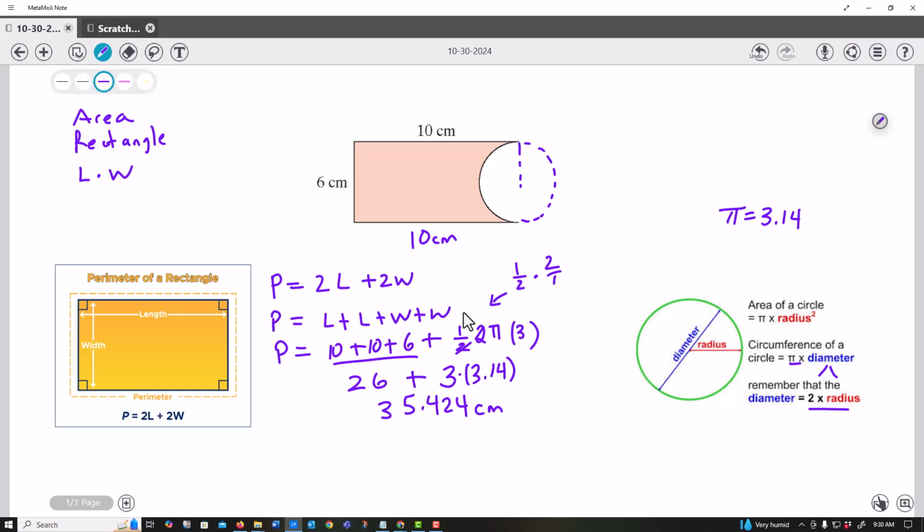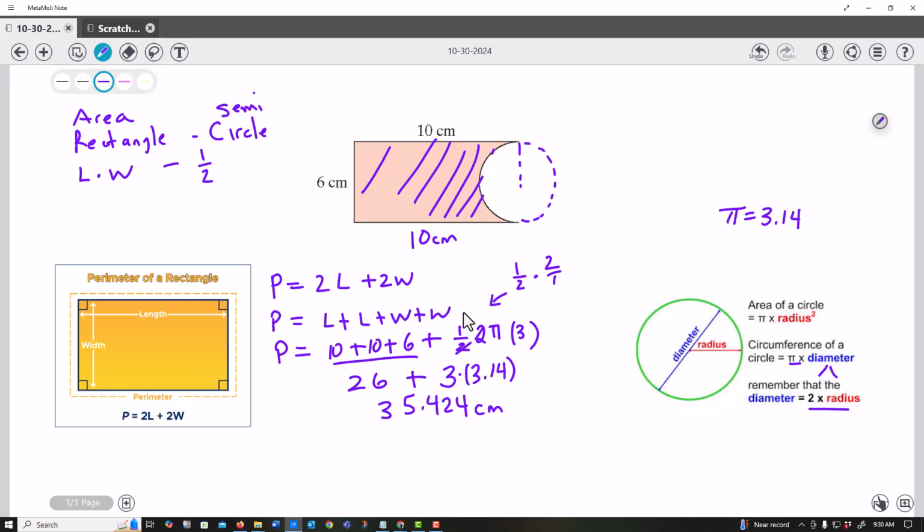And so if I found the area of this entire piece, and then I came back and subtracted out this piece, that's what I'm going to do. For the circle, or in this case, the semicircle, so half this circle, I'm going to subtract out.